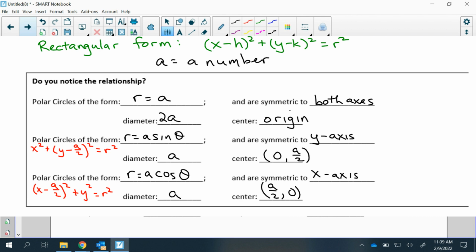Then you have polar circles that we focused on the front of this worksheet, of the form r equals a sine theta and r equals a cosine theta. r equals a sine theta is symmetric to the y-axis, or the line x equals 0, with diameter a and center at (0, a over 2). Polar circles of the form r equals a cosine theta are centered at (a over 2, 0) with diameter a and symmetric to the x-axis, or the line y equals 0.